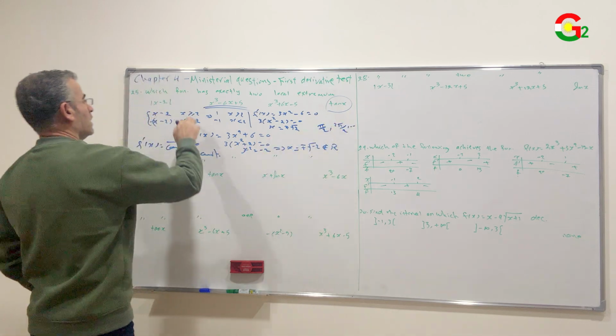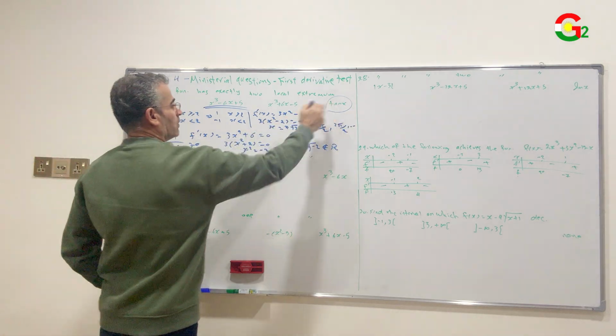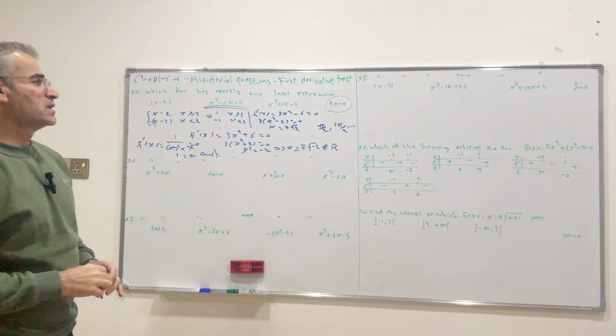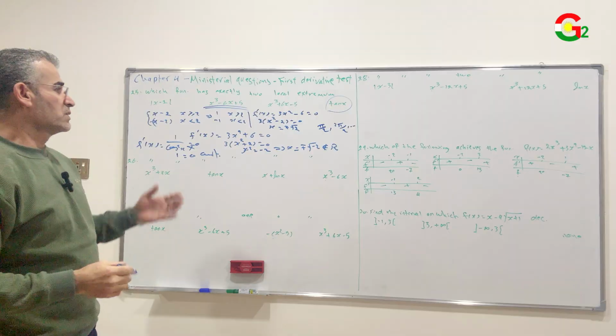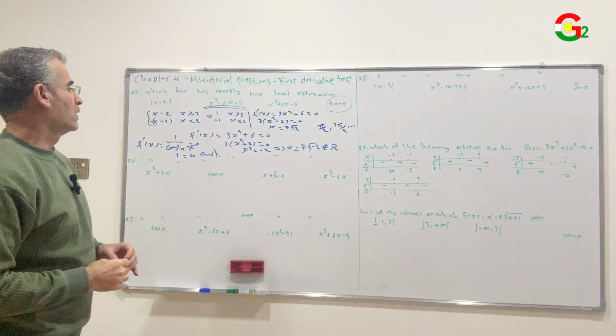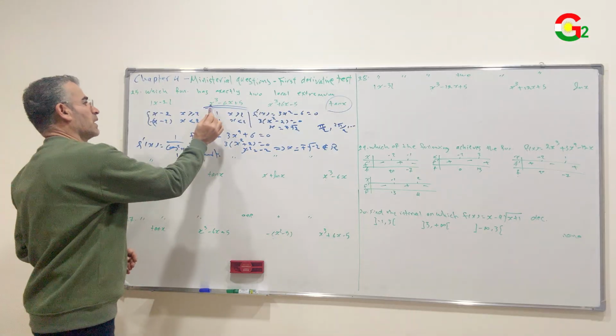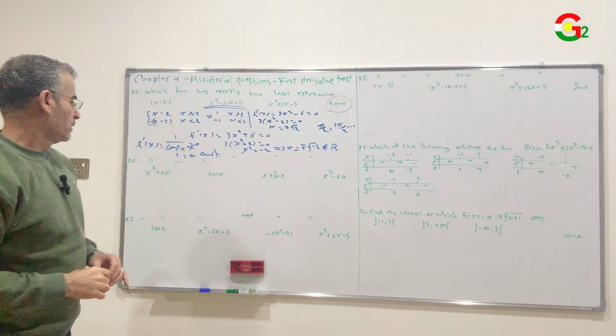And these points are not in the domain of this function, since tan is sine over cosine. And the values that make cosine 0 are not in the domain of tan. Therefore, the right choice is B.